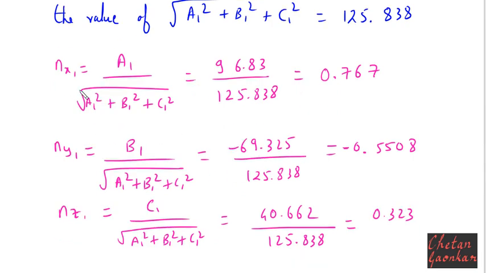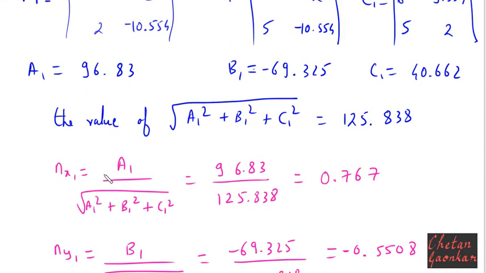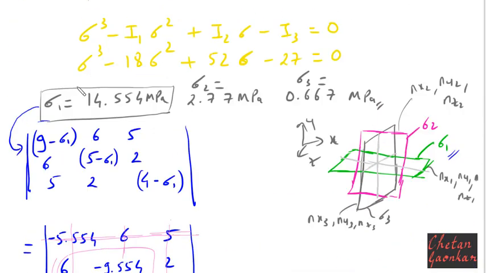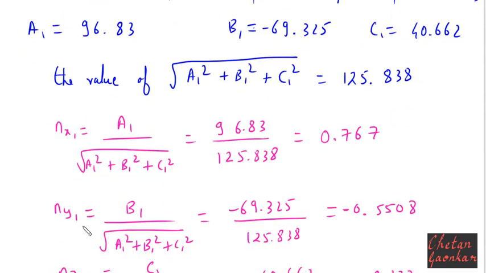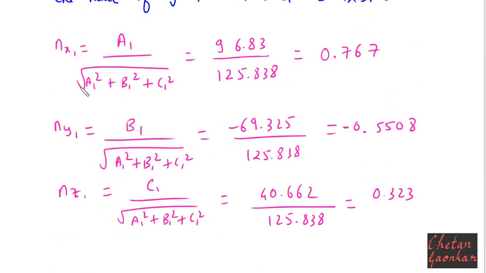So these are basically the direction cosines of the first principal plane for the stress sigma 1, and that is why everywhere the suffix 1 has been put, just to show that these nx, ny, nz values are for the first principal stress sigma 1.